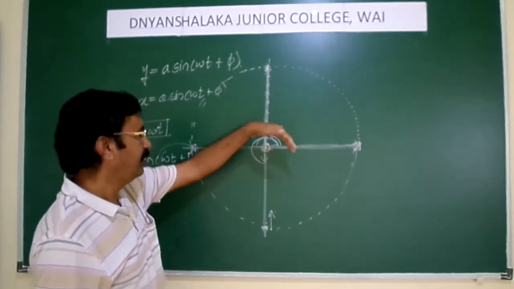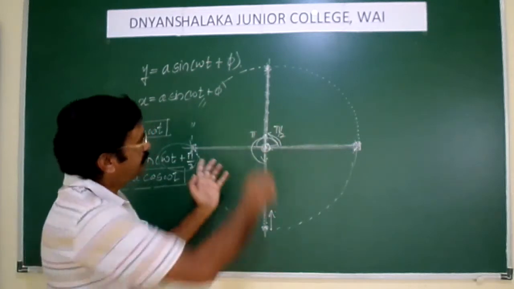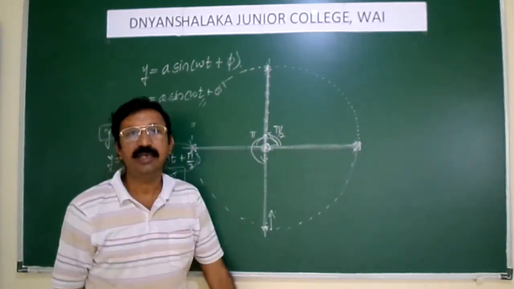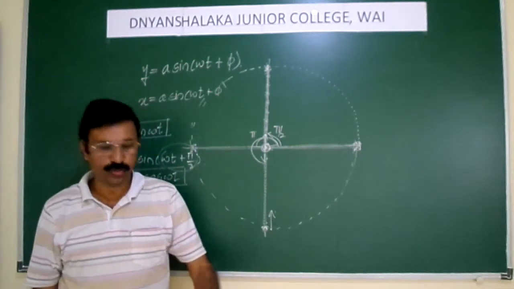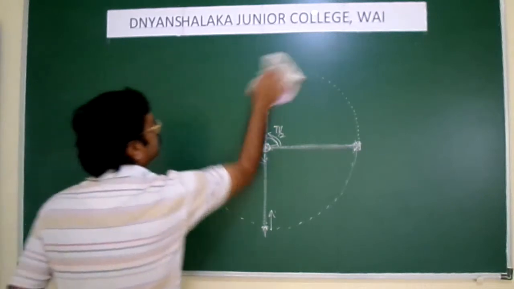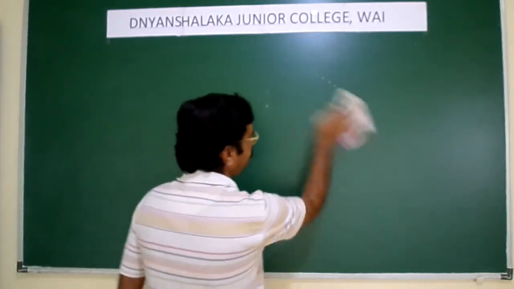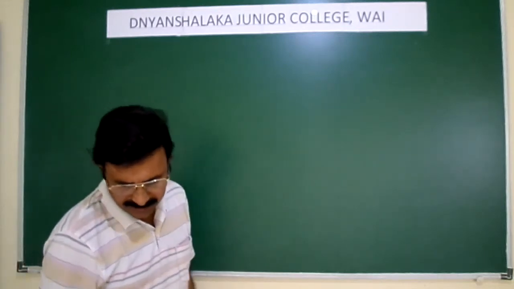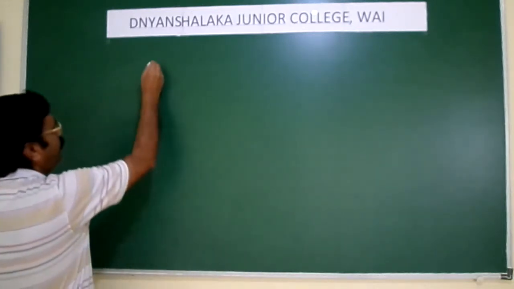So in this way, we have considered the field. This is applicable when the SHM is along the x-axis also. Now we'll study the composition of two SHMs.